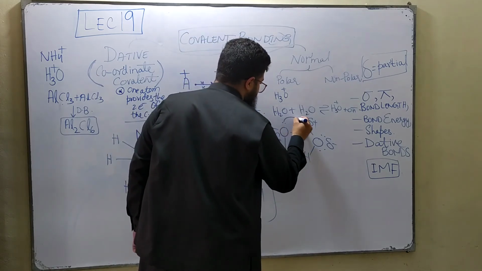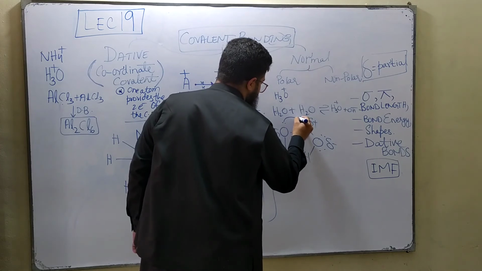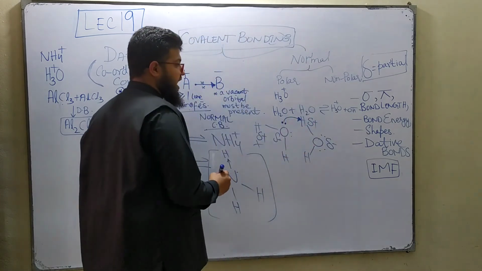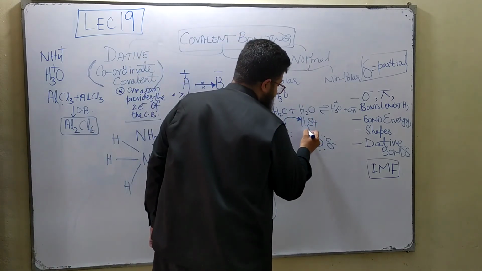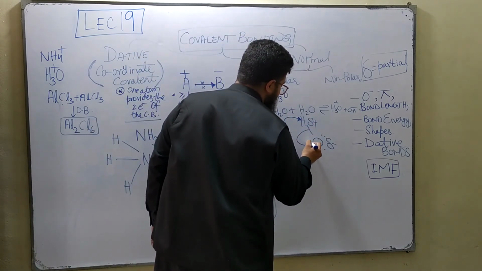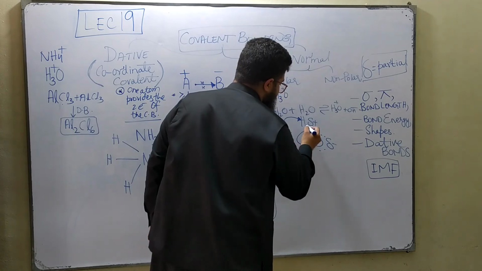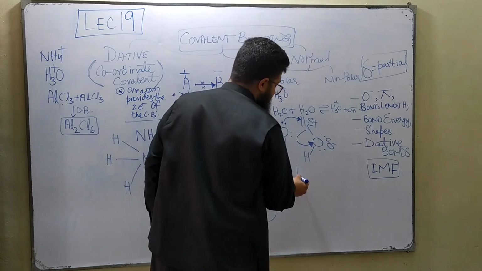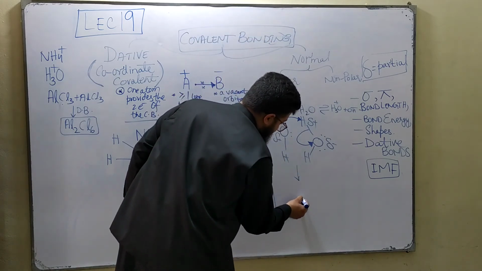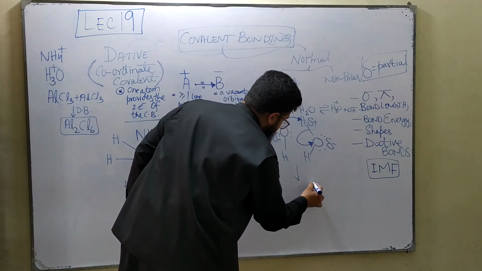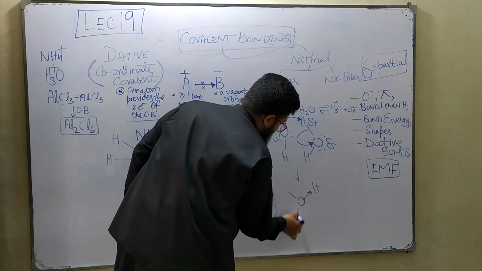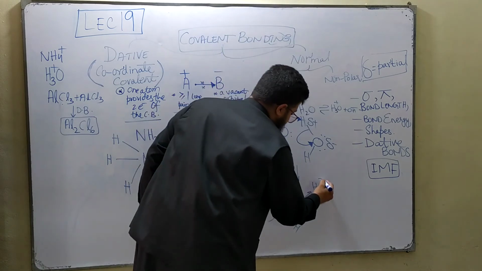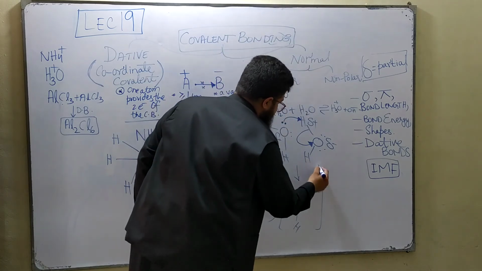Now it will use the 2 electrons and transfer both of them to the hydrogen atom. This transfer of 2 electrons is shown by a curly arrow, and as a result the bond will break and both the electrons will be transferred to the oxygen atom. The reason why both of them will be transferred is that oxygen is more electronegative than the hydrogen, and as a result you will get a third species, which is hydronium, in which there is a dative bond and 2 hydrogens that it already had, and 1 lone pair which is left, and the whole thing will get a positive charge.